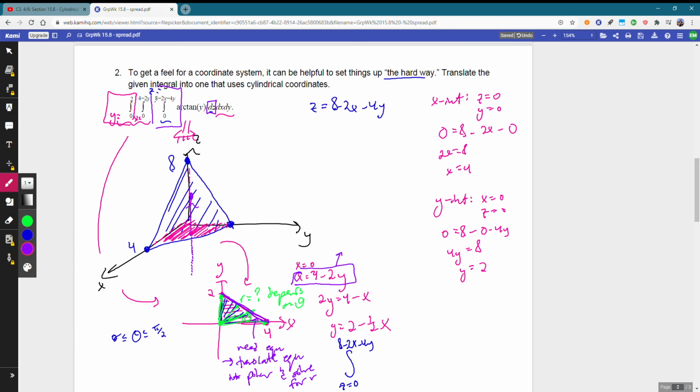So here we go. X in the xy plane, this is our r cosine theta, equals 4 minus 2 times r sine theta, and for y. The idea here is now that things are in terms of r and theta, let's just solve for this r that we want to find. So if we add the 2 sine theta, we'll get r cosine theta plus 2r sine theta equals 4.